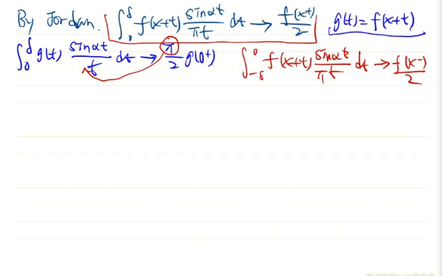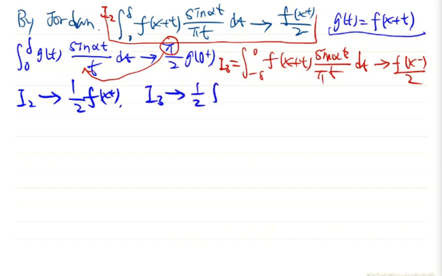So from these two, we know that this is our I2, and this is I3. I2 goes to half of f(x+), and I3 goes to half of f(x-).